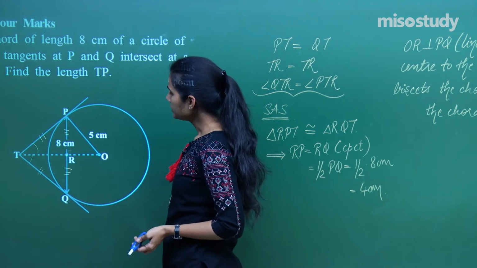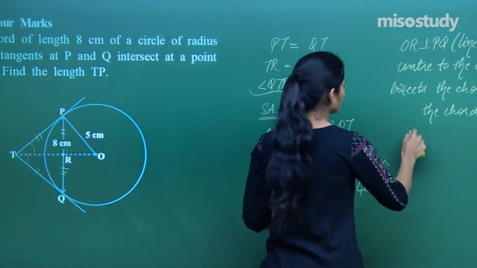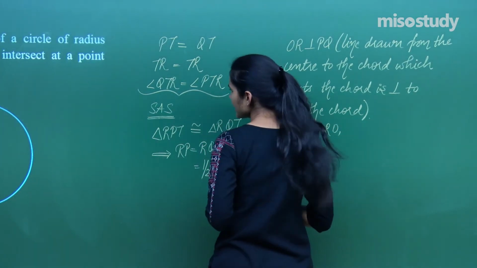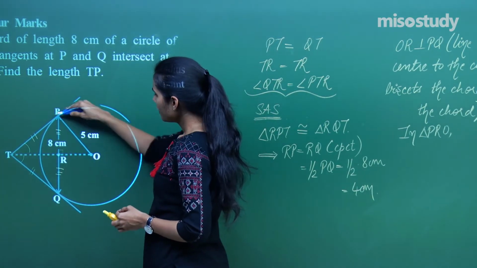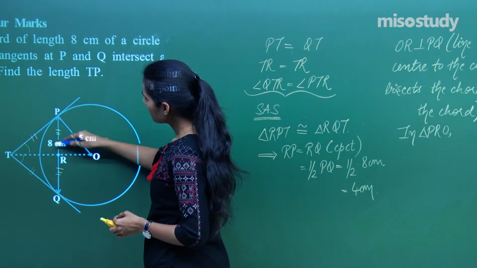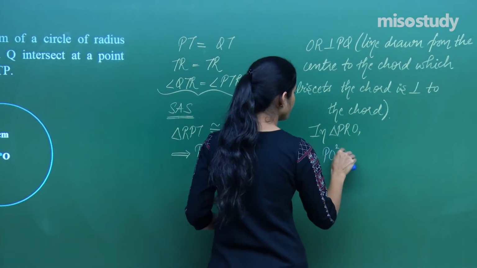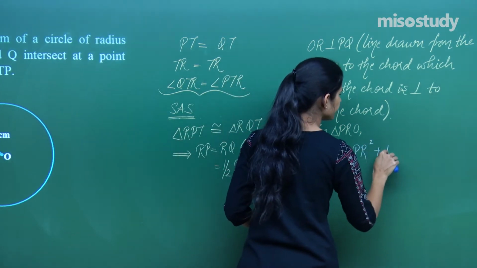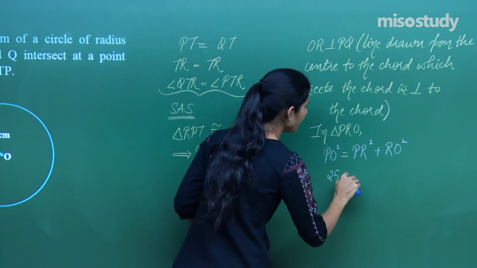Focus now upon triangle PRO. In triangle PRO, the moment I have this angle as 90 degrees, this is a right angle triangle. So I have PO square equals PR square plus RO square. PO square is 5 square, which is 25.